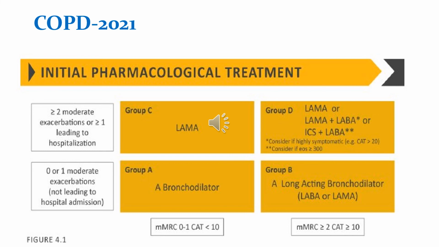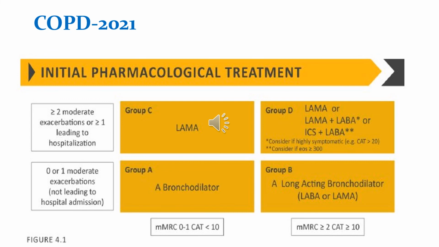Group A, patients with low symptoms and little or no exacerbation, we can use any bronchodilator. It may be a short-acting or long-acting bronchodilator. Then the patient's symptoms increase, but exacerbations remain the same.